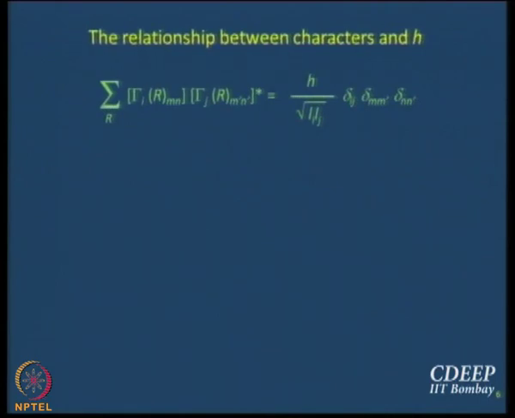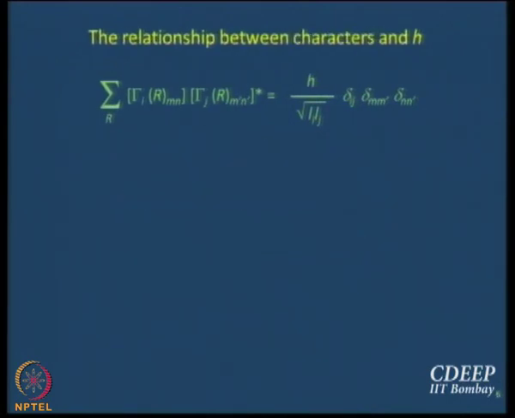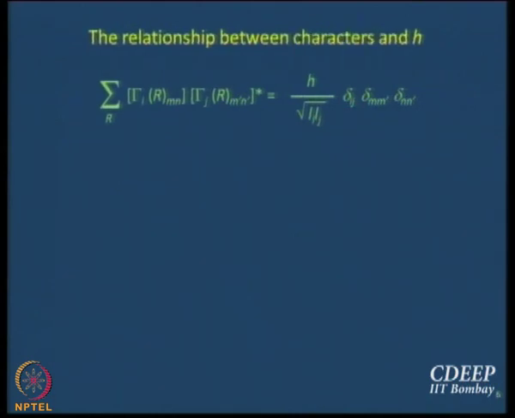Number 2: this was the relationship between the dimensionality and order. Now we want to see the relationship between the characters of all the symmetry operations and order. We already know one, at the bottom. What about the others?